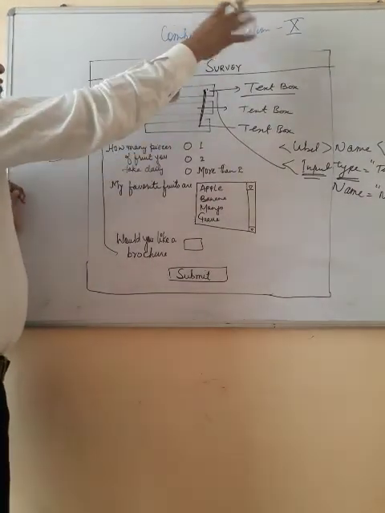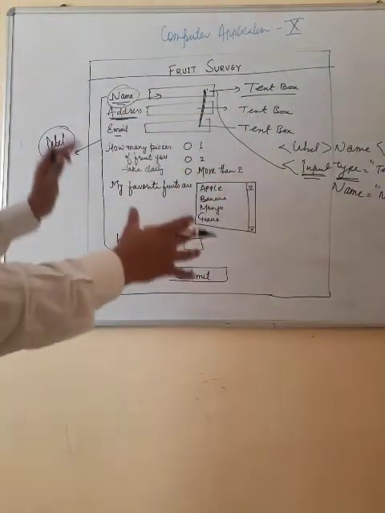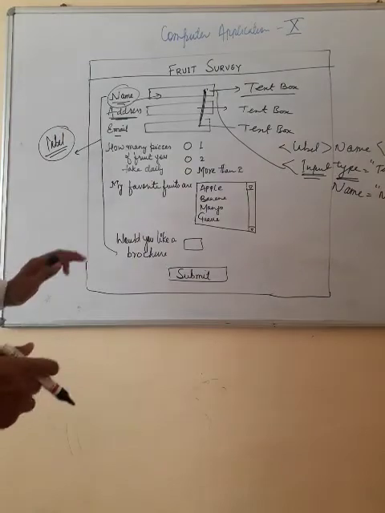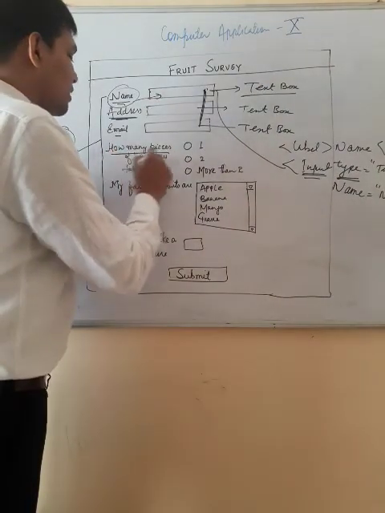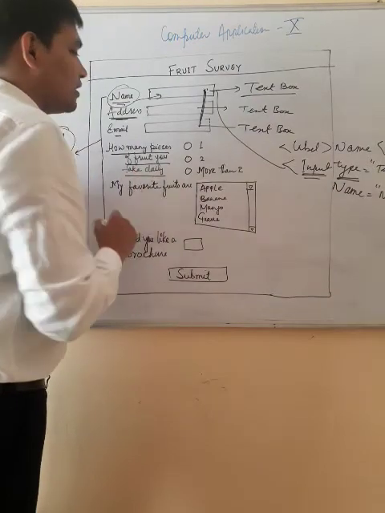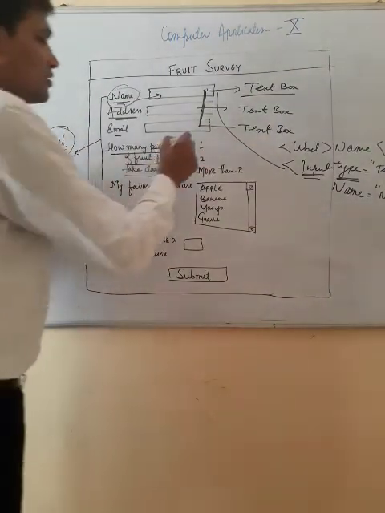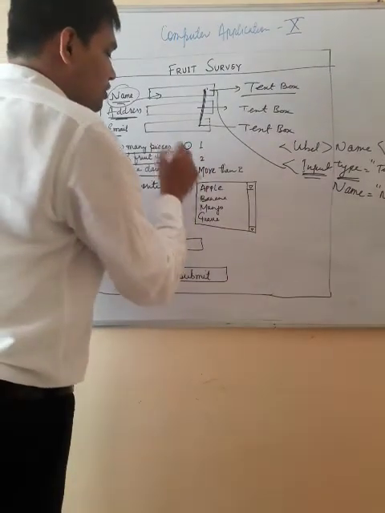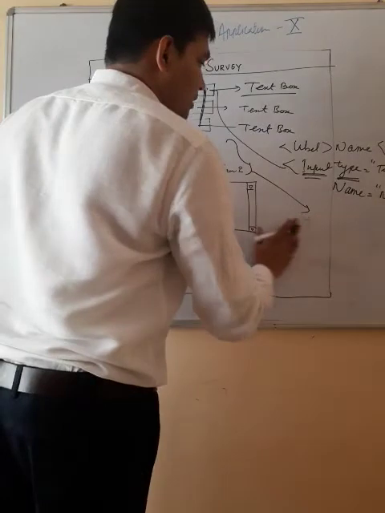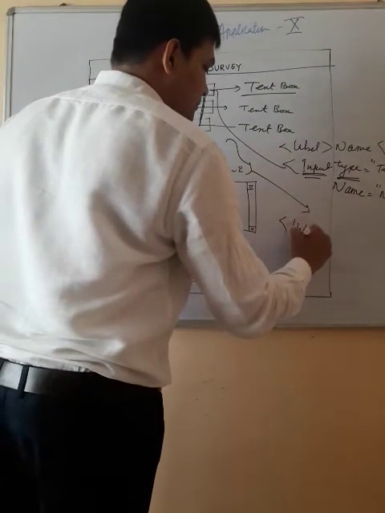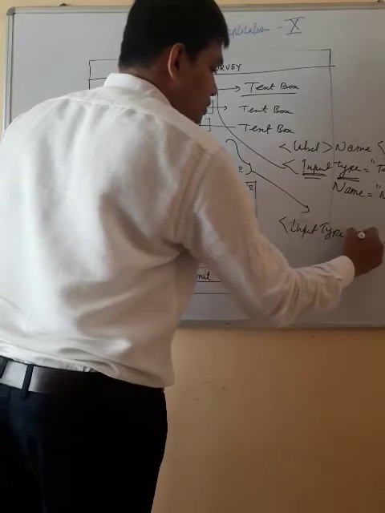Here I am going to survey about fruits. This is the form related to the survey of fruits, and here I am asking how many pieces of fruit you take daily. Either 1, 2, or 3. If anybody has used 1 piece, then you have to mention 1, 2, or 3. Here we use the type attribute, the label, input type equal to radio.